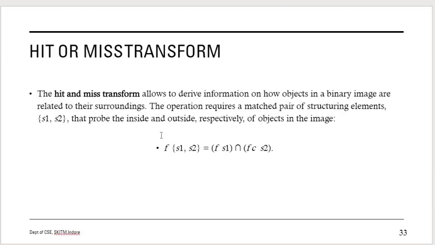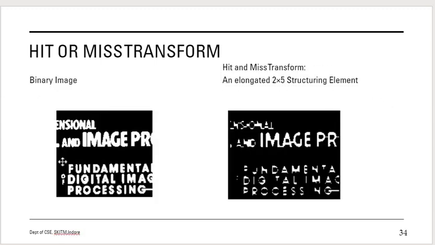Hit or miss transform. The hit and miss transform allows us to derive information on how the objects in the binary image are related to their surroundings. The operation requires a matched pair of structuring elements that probe inside and outside. If the set of pixels in the region just matches the structuring element, then we call it a hit, otherwise it's a miss.